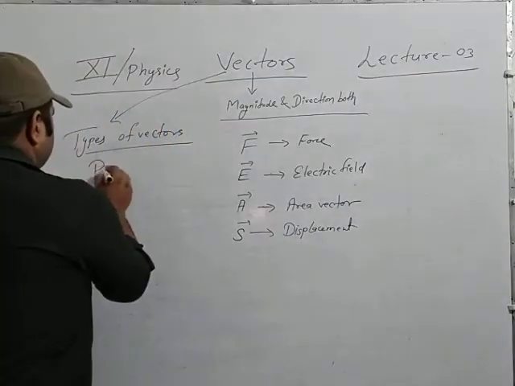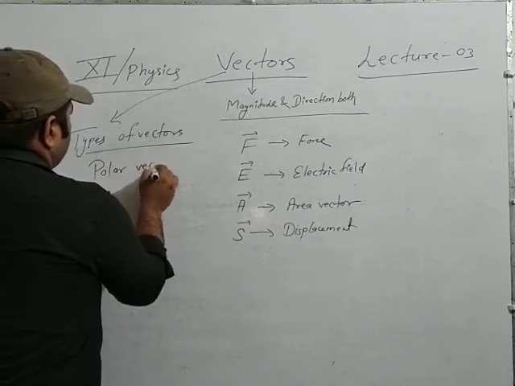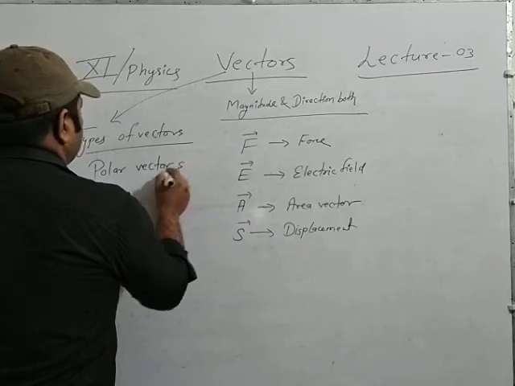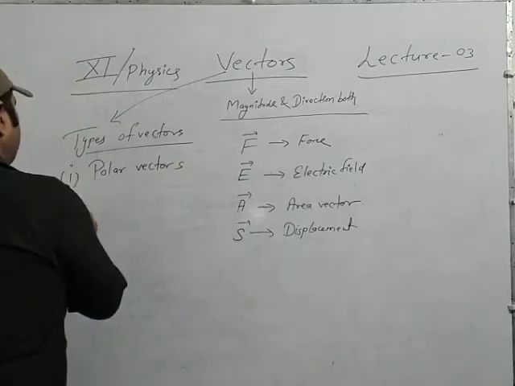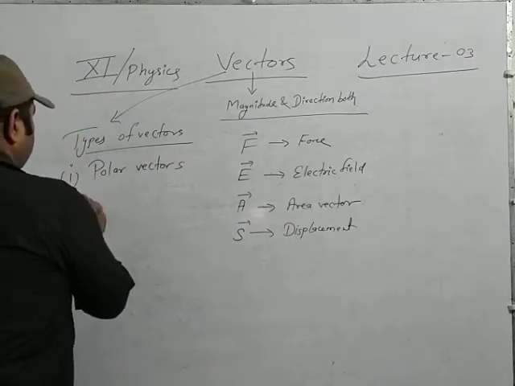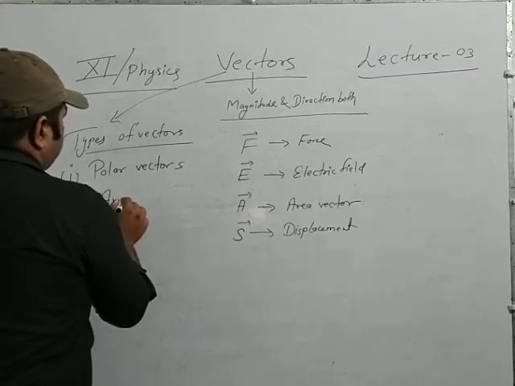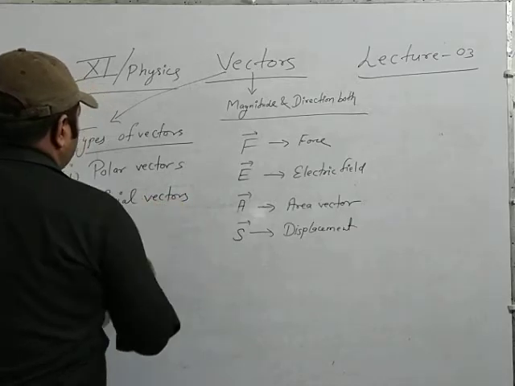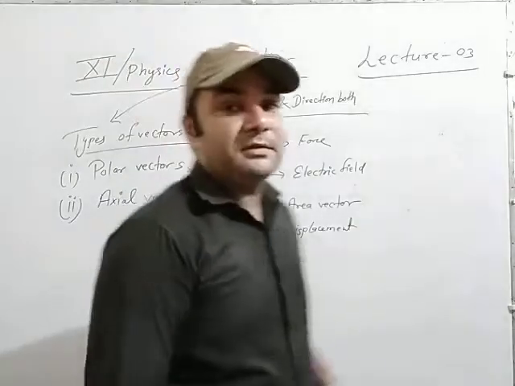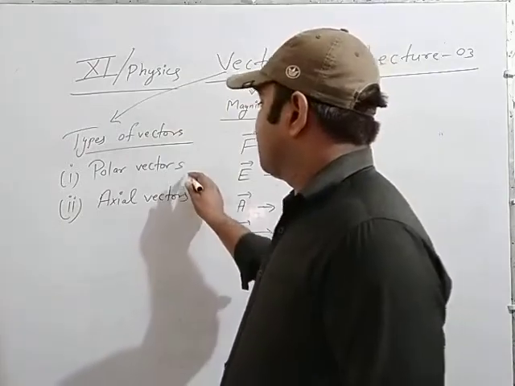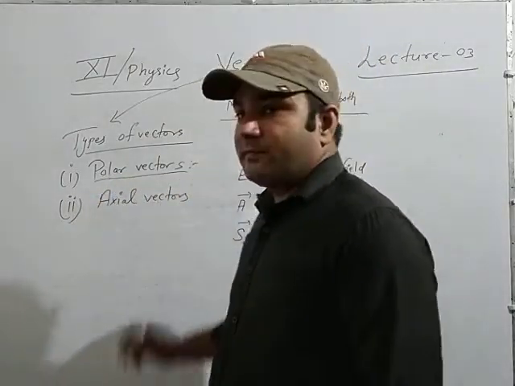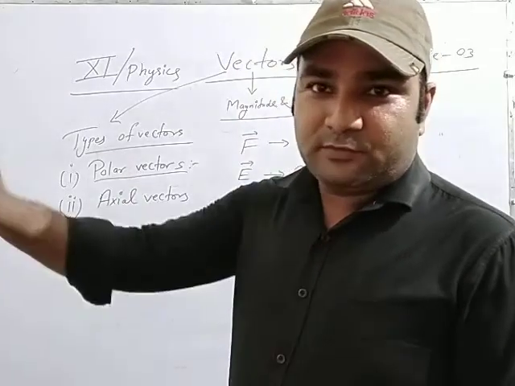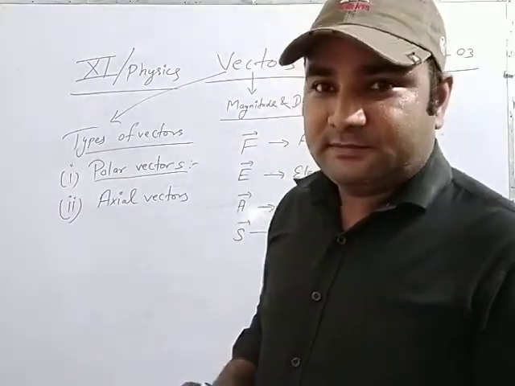Polar vectors are the vectors whose initial point is fixed and pointed towards any other direction.